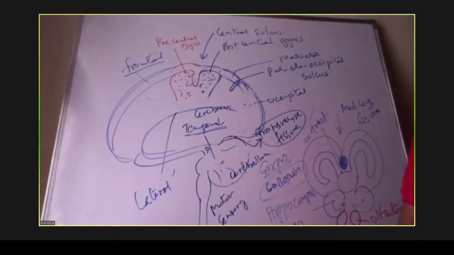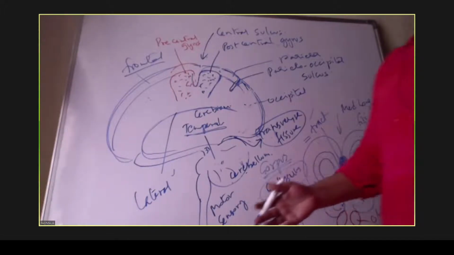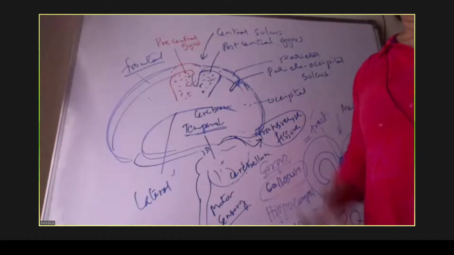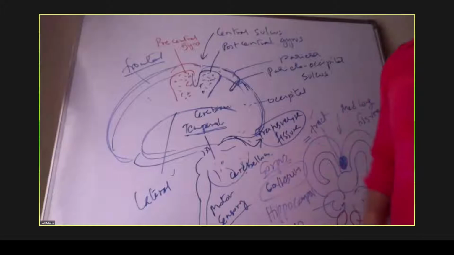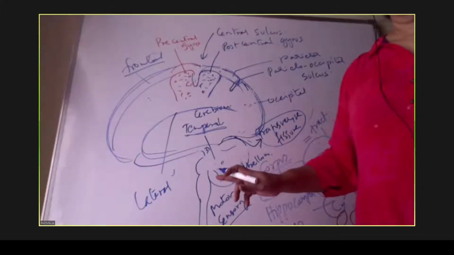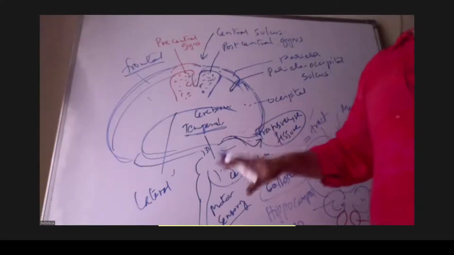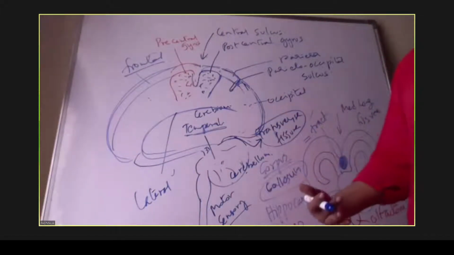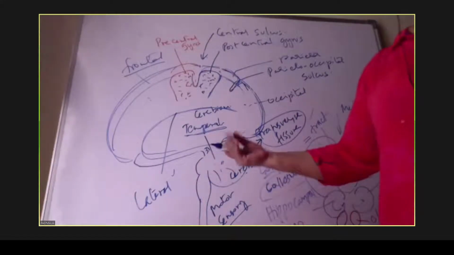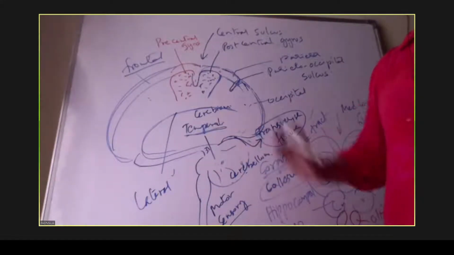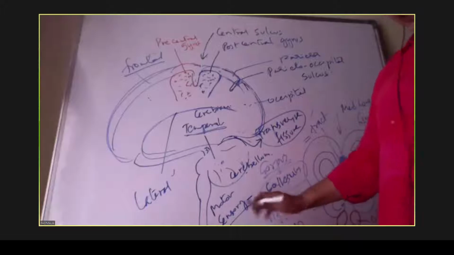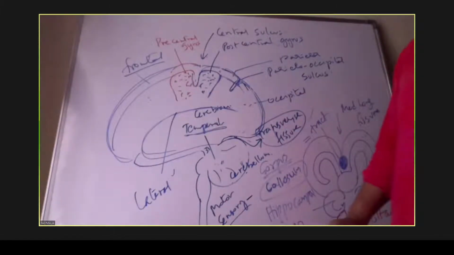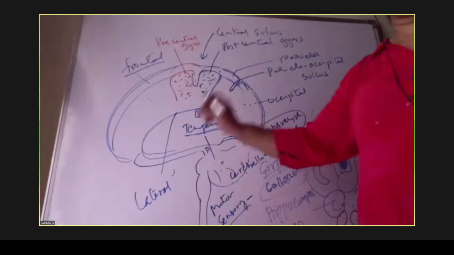You know very well, sensory areas mean receiving the sensation. The afferent nerve carries the sensation of smell, sight, sound, taste, touch. So sensory areas are related to sensory inputs. Write that down.